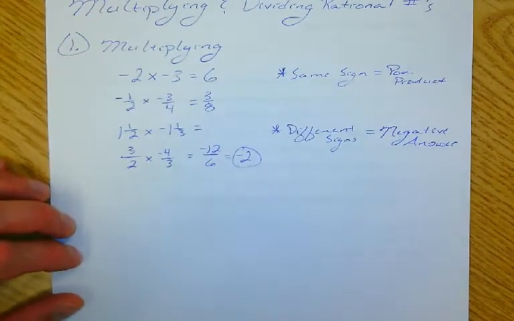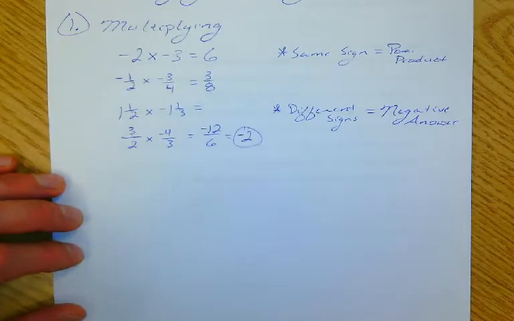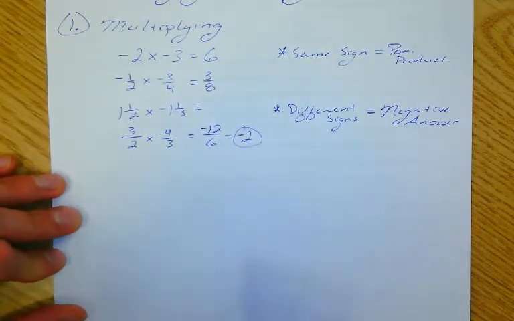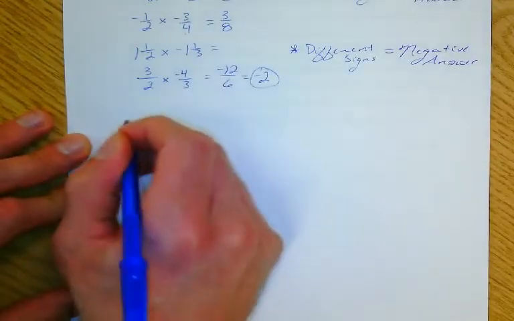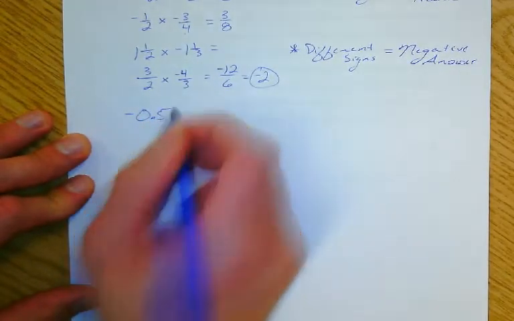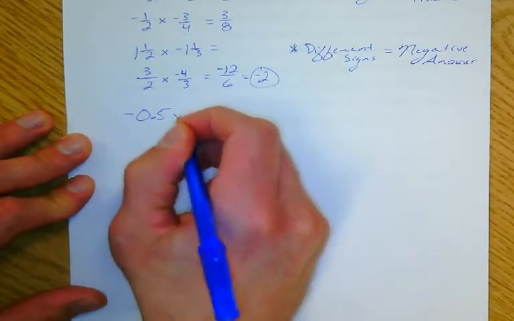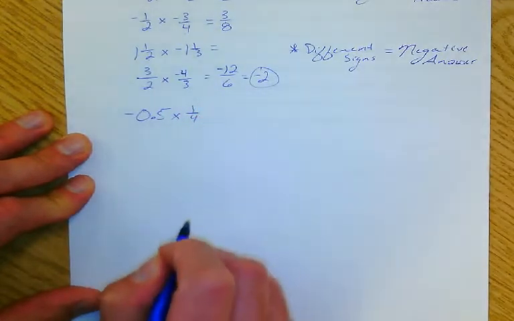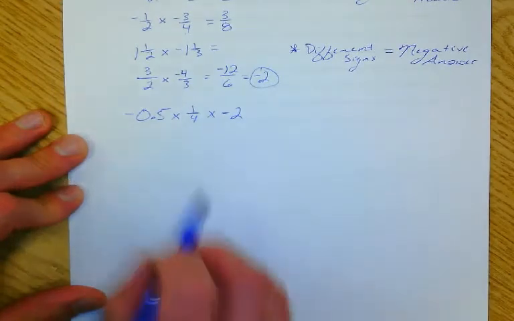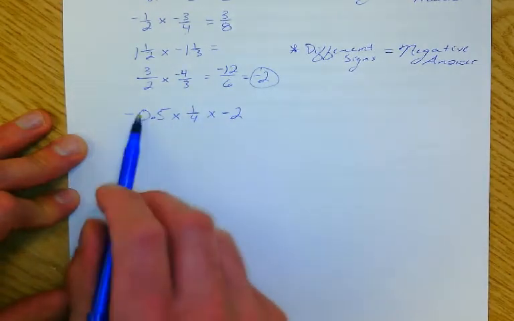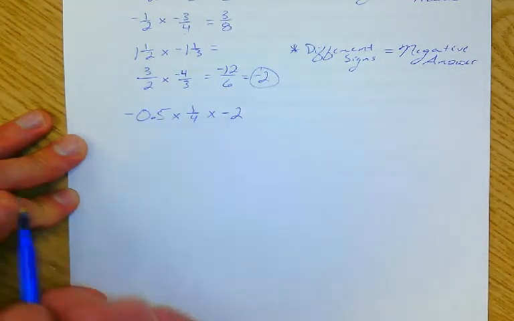What if we deal with multiple factors at a time? Let's say we have -5/10 times +1/4 times -2. In this case, notice that we have two negative factors.